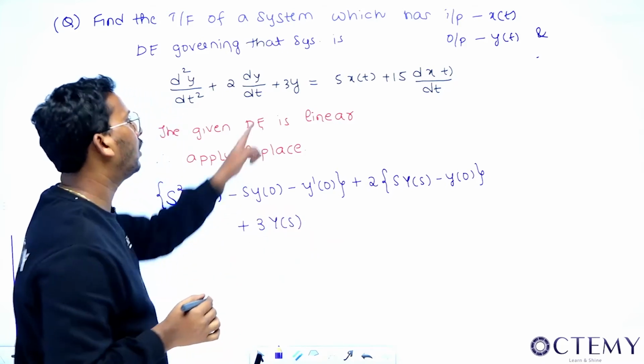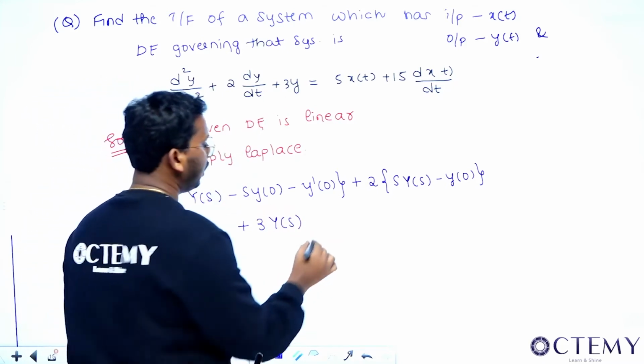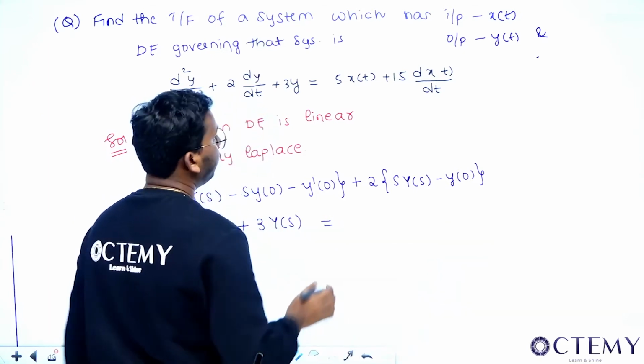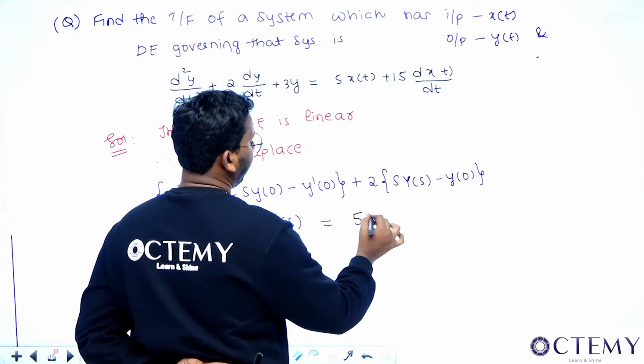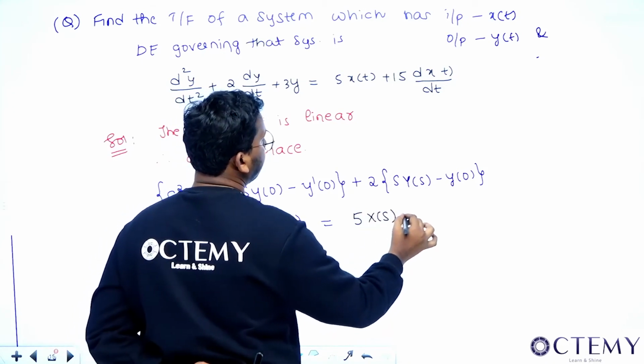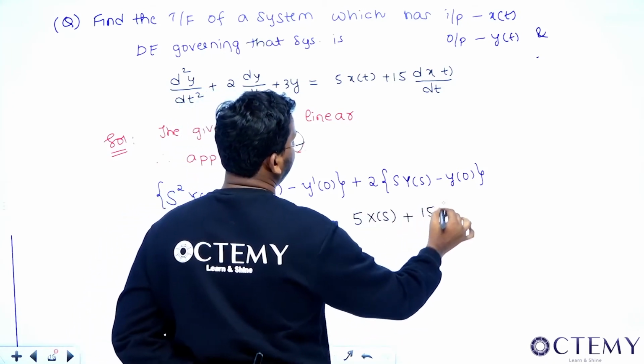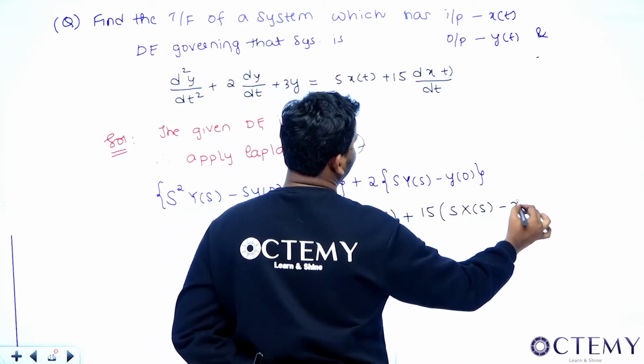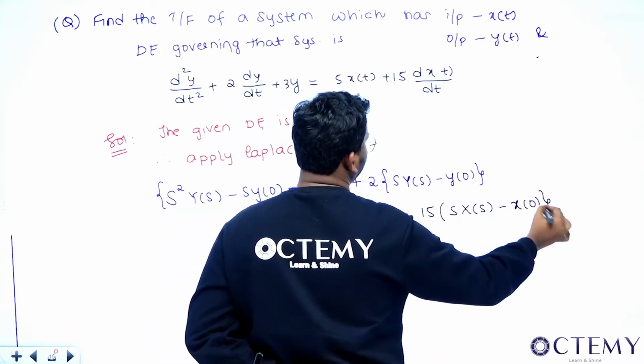No minus there, because that is not differential. Is equal to the right side terms: 5 into x of s plus 15 into s x of s minus x of 0, right?